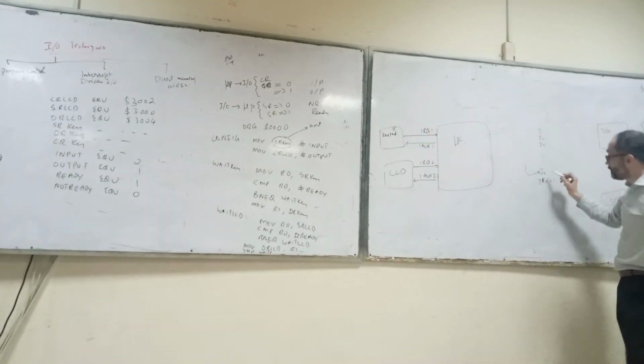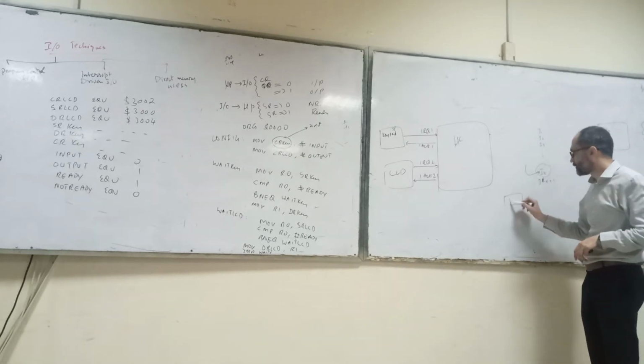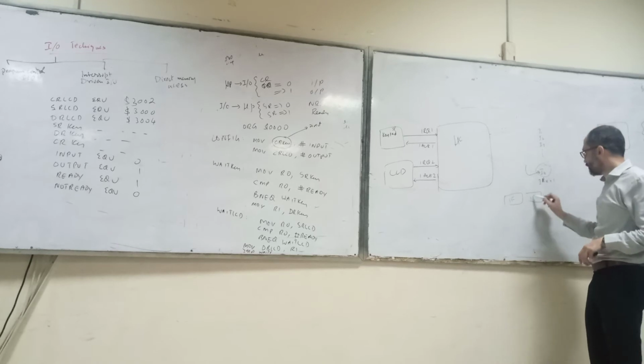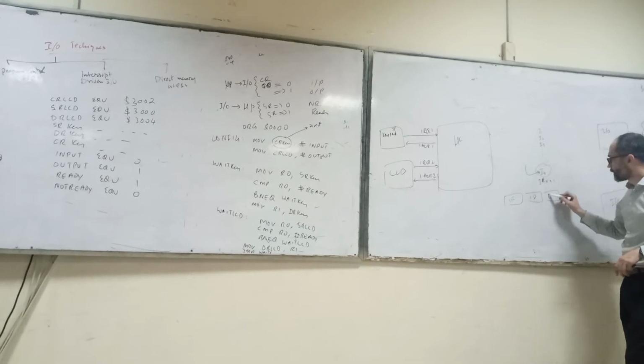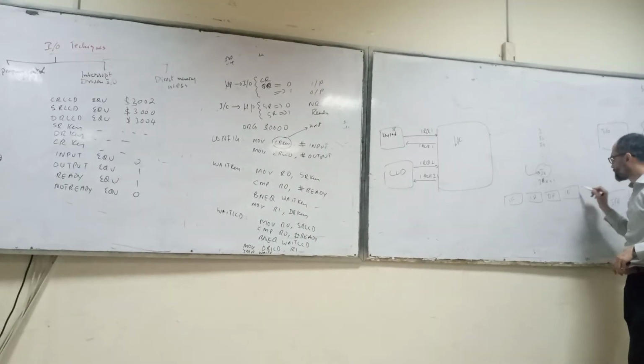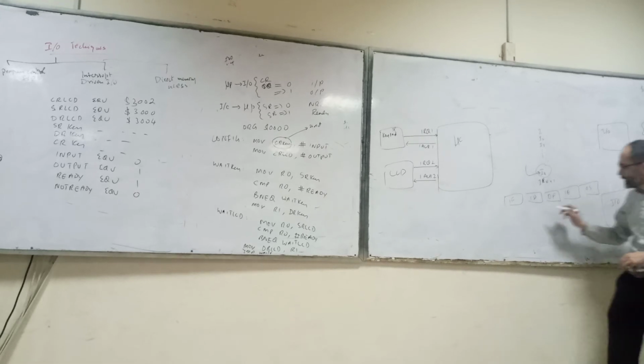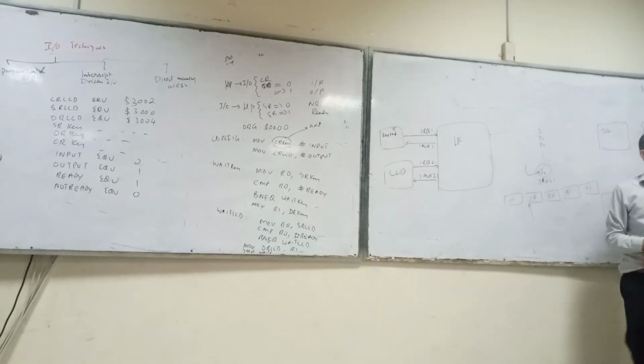Now if you look at this instruction, it has some phases of execution: instruction fetch stage, then instruction decode phase, operand fetch stage, then instruction execute, then operand store, and then the next instruction. Let's assume the interrupt arrives here.